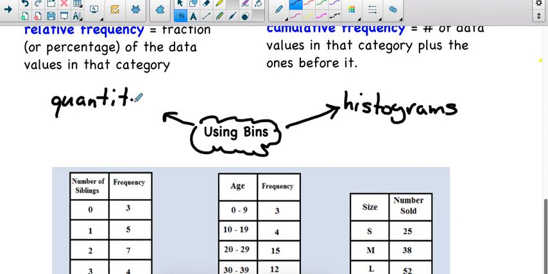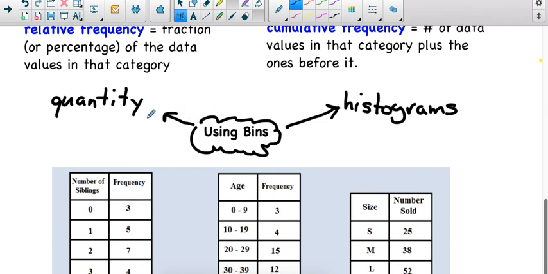That would be data that's either interval or, let me see, what are the 4 types we have? Nominal, ordinal, interval, and ratio.